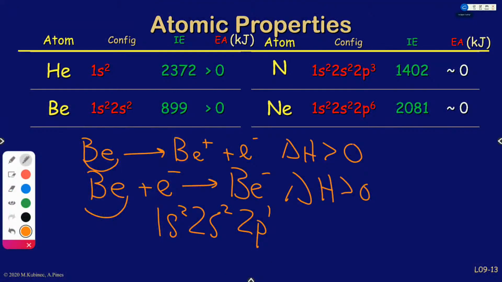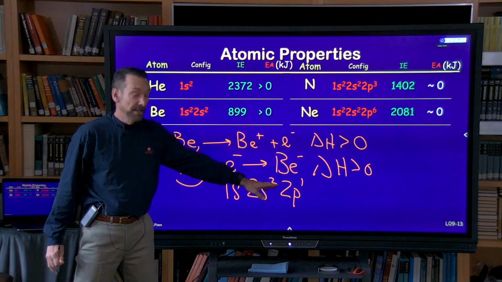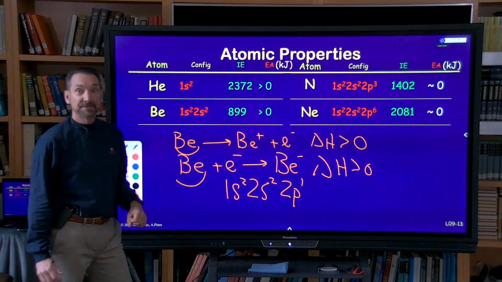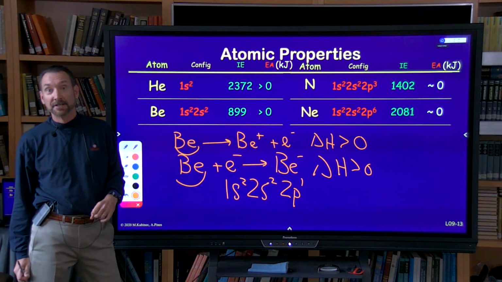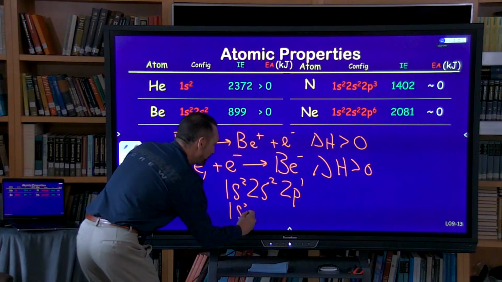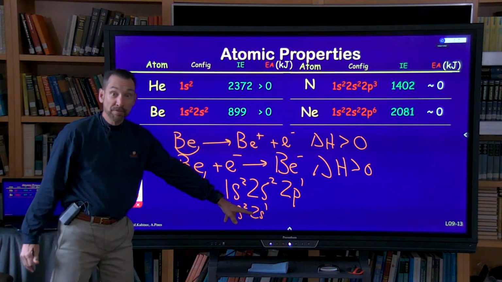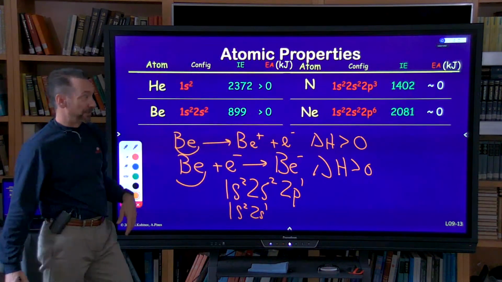So that's the electron configuration of Be minus. And that is a slightly higher energy state. And 1s2 2s1, removing one electron, is a very much higher energy state.